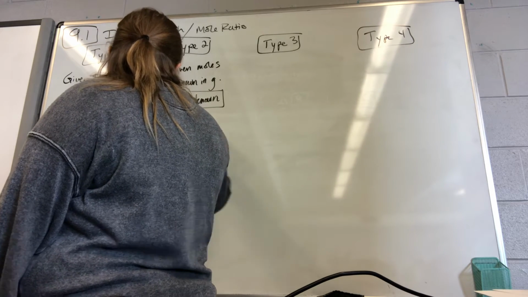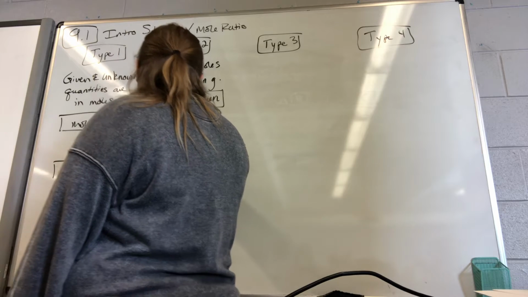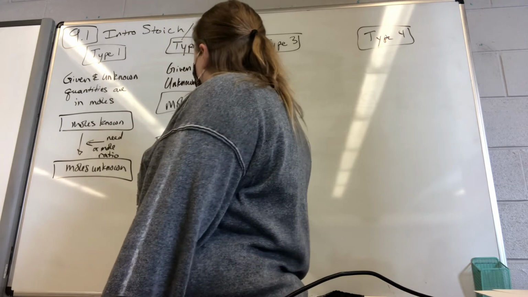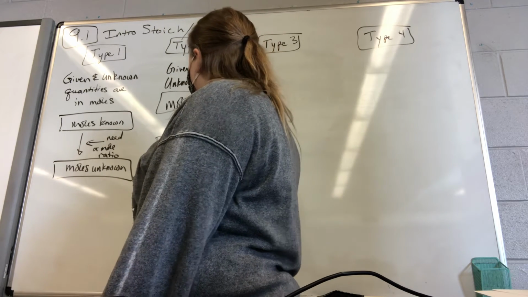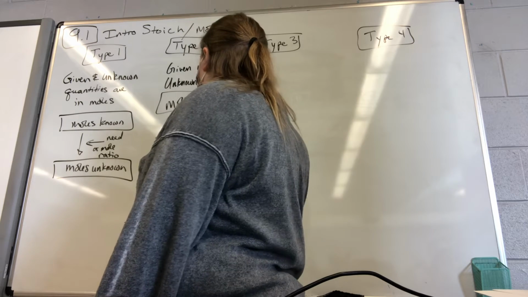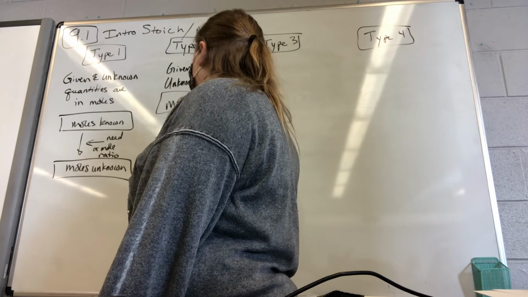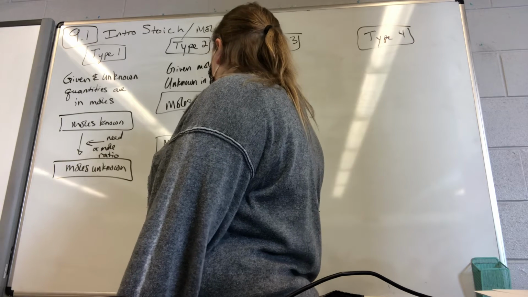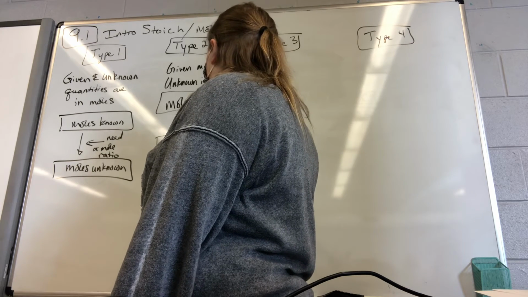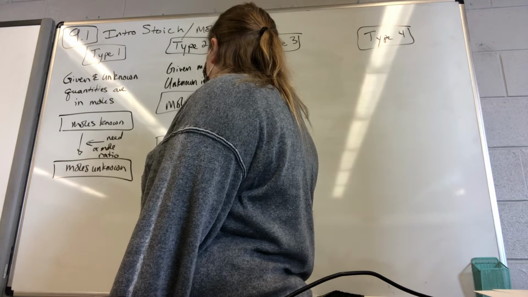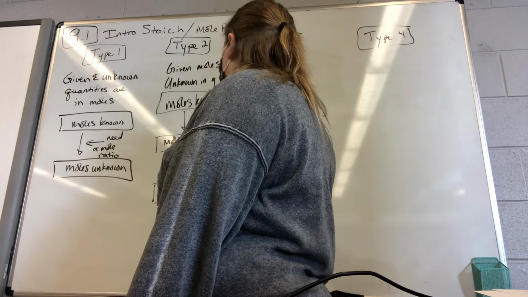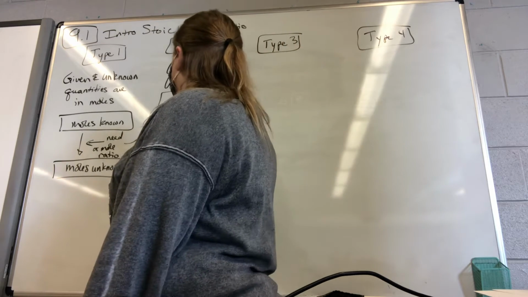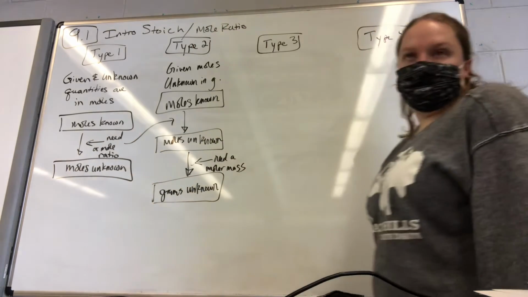We're going to go to moles of the unknown. And then we're going to go to grams of the unknown. For this, you need a molar mass. For this, you still need a mole ratio.